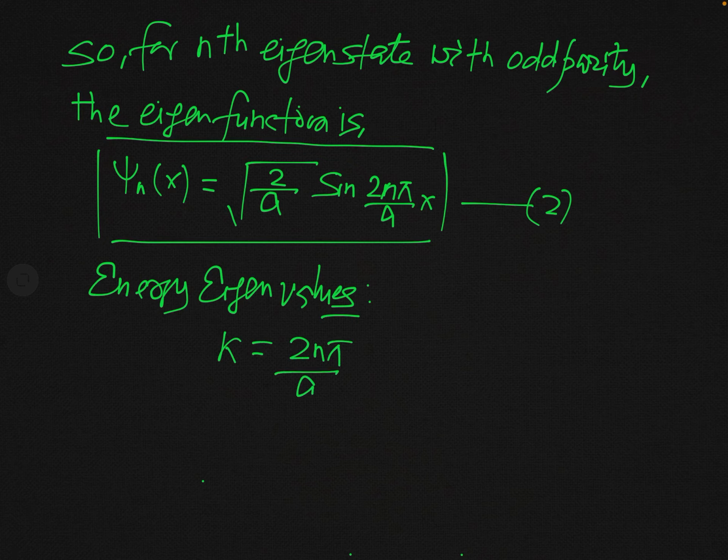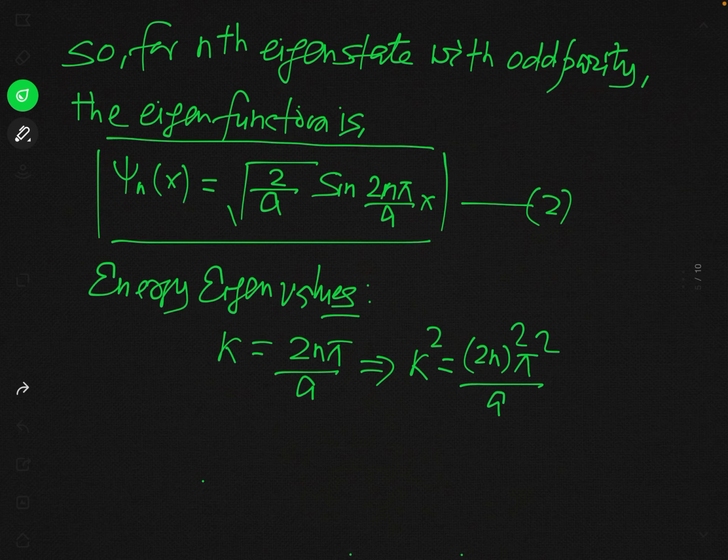And so we may write k square equal to 2n whole square pi square over a square. But you can see what is this k square.